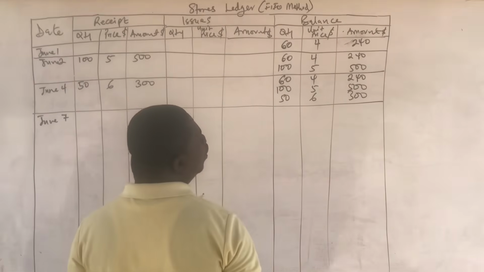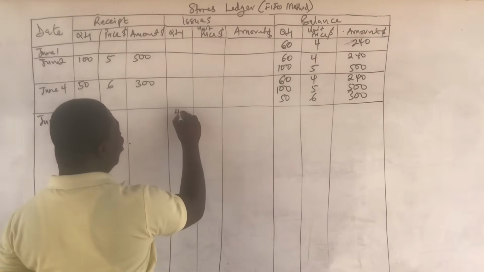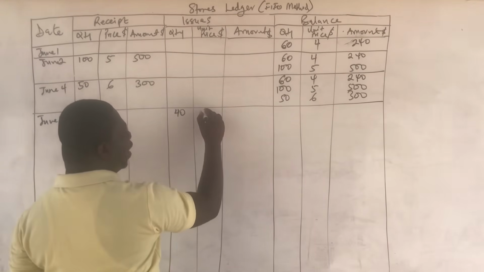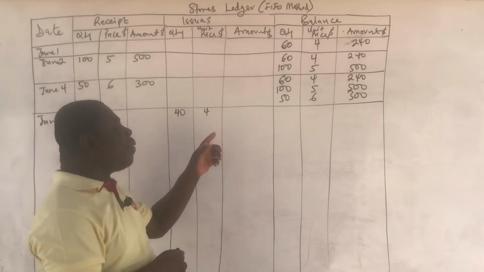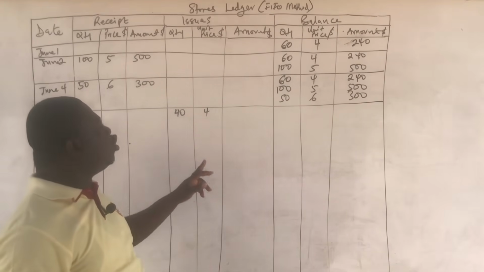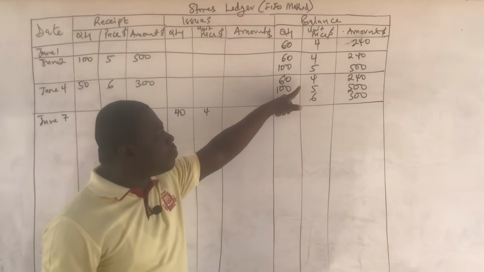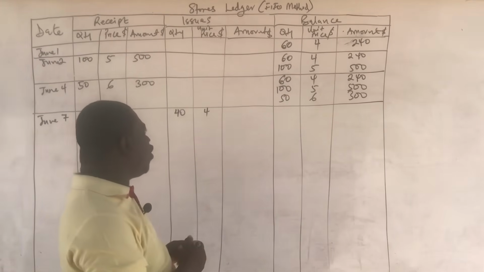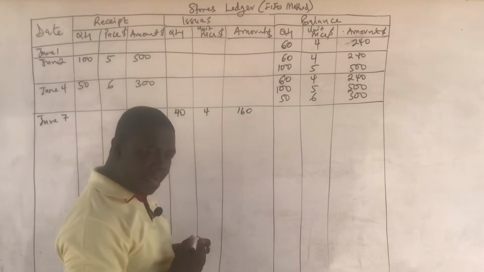Don't worry, there is another scenario. So under quantity, we put 40, and then the unit price will be 4 because we are issuing it out. Listen, the unit price is the most important part. You are issuing out 40, but it is coming from the first 60. And the first 60's price is 4. That is why I'm putting 4 here. So when I multiply 40 by 4, I have 160.